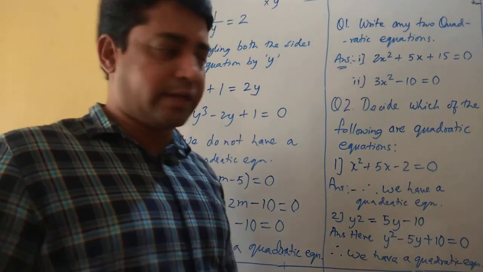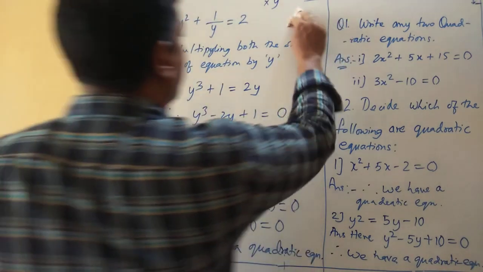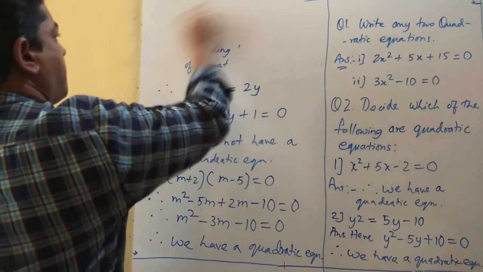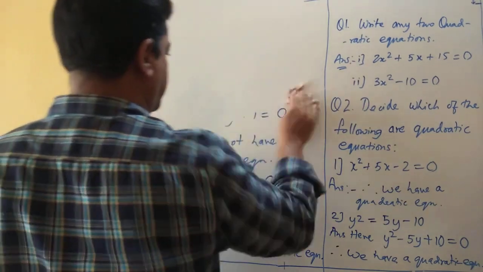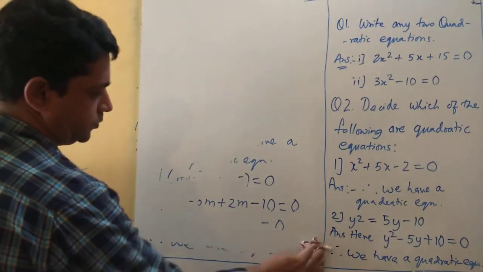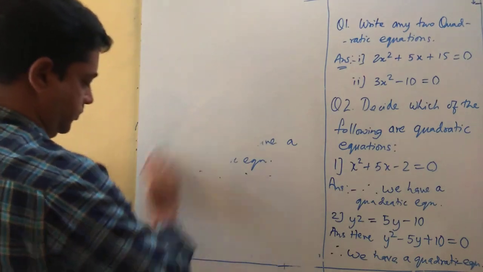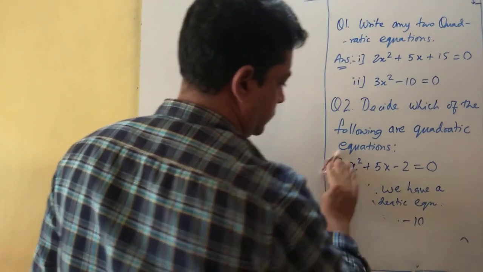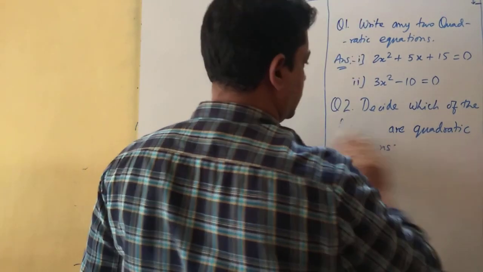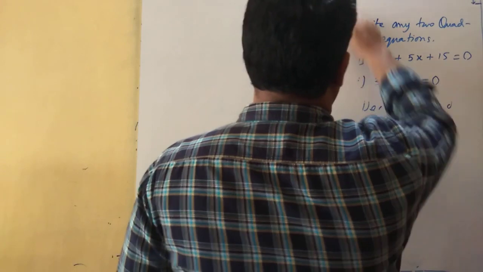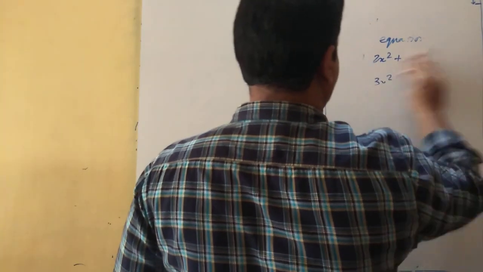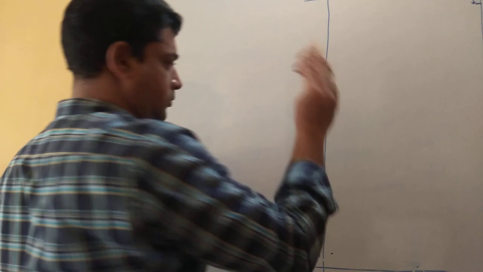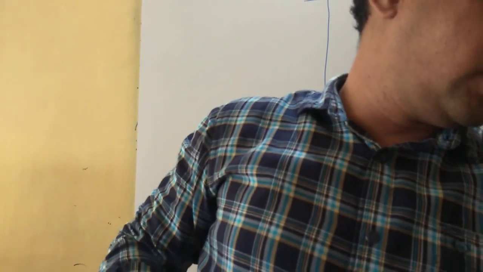Okay, we'll start with the next question. Now your next question is, write the following quadratic equation in the form ax square plus bx plus c is equal to 0.